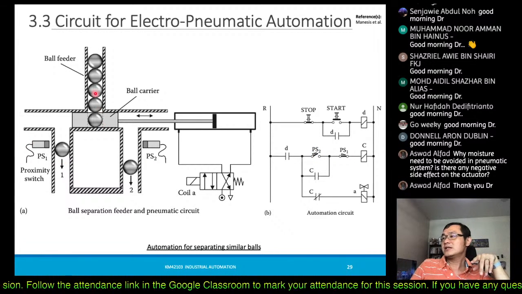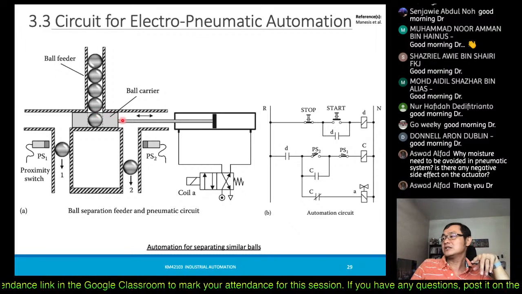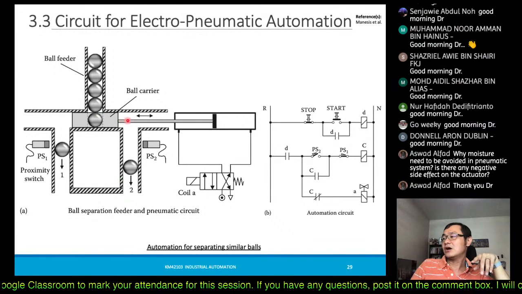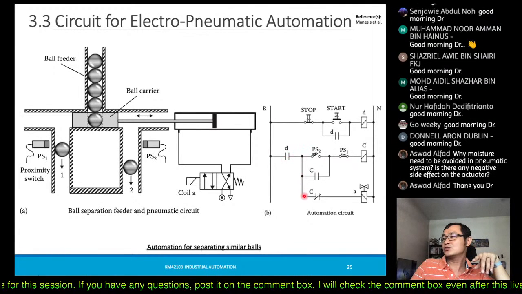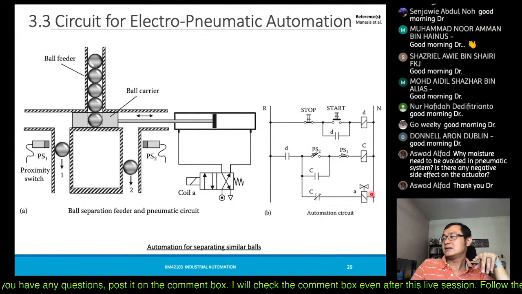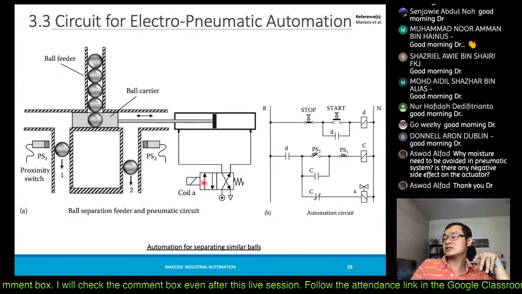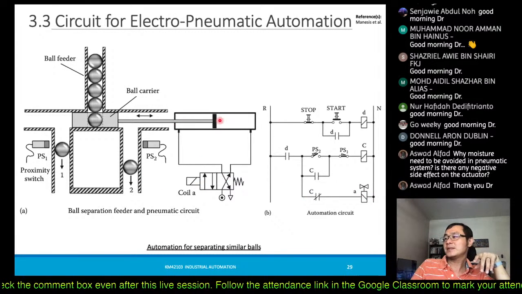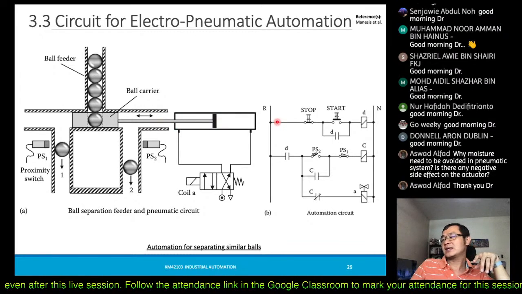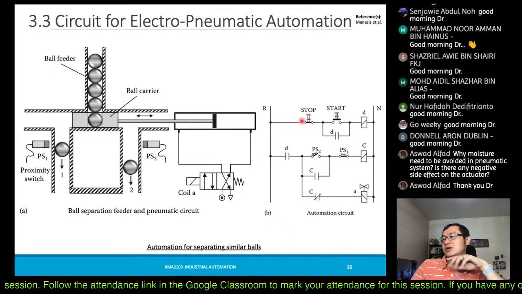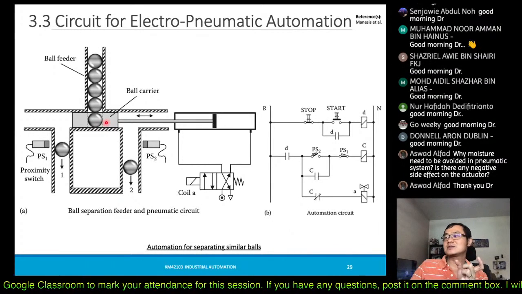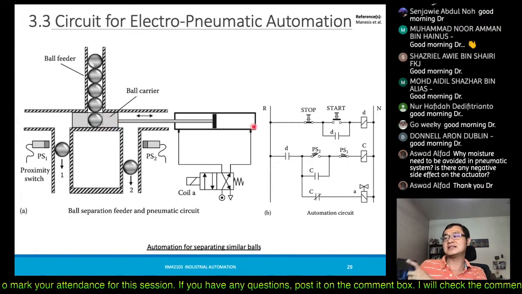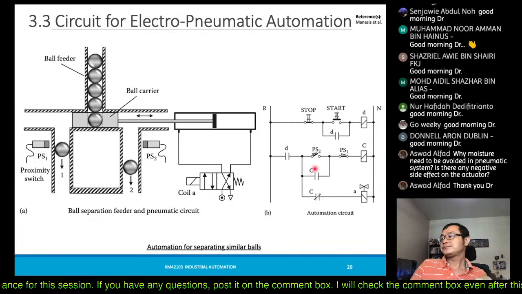Meaning to say, most of the time, at first it will just go through here, normally closed, and you will activate this one. So you will just pump, and this one retracts here. So pump and retract.